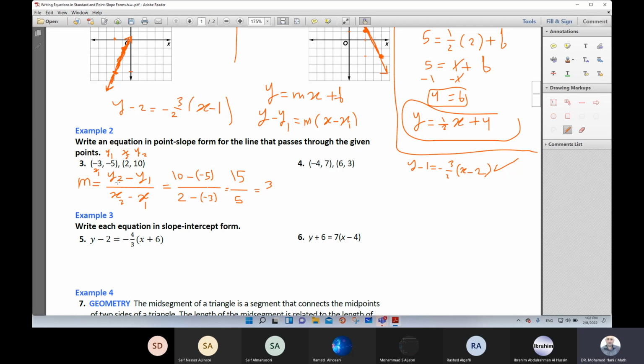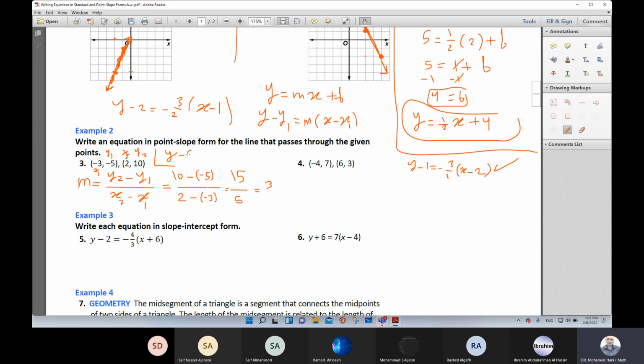Then how to write the equation? We want to use the second equation and choose the first point or the second point. You will get the same answer, no problem. So I will choose the first point, for example. So we can write y minus. What is the value of y1 if you choose the first point? Negative 5.